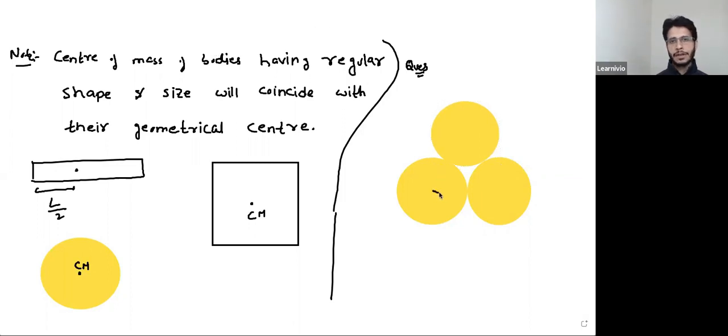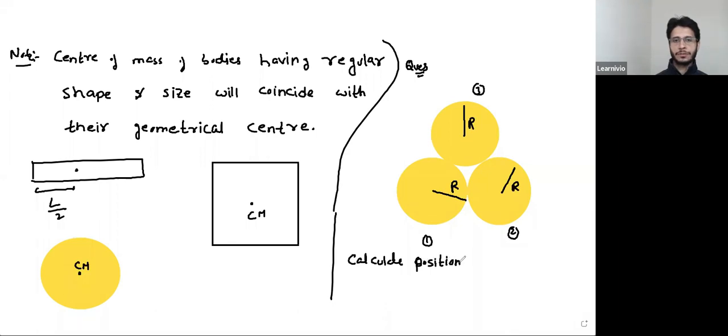All have radius r. This is sphere number 1, sphere number 2, and sphere number 3. I'm asking you to calculate the position of center of mass of the system of spheres.